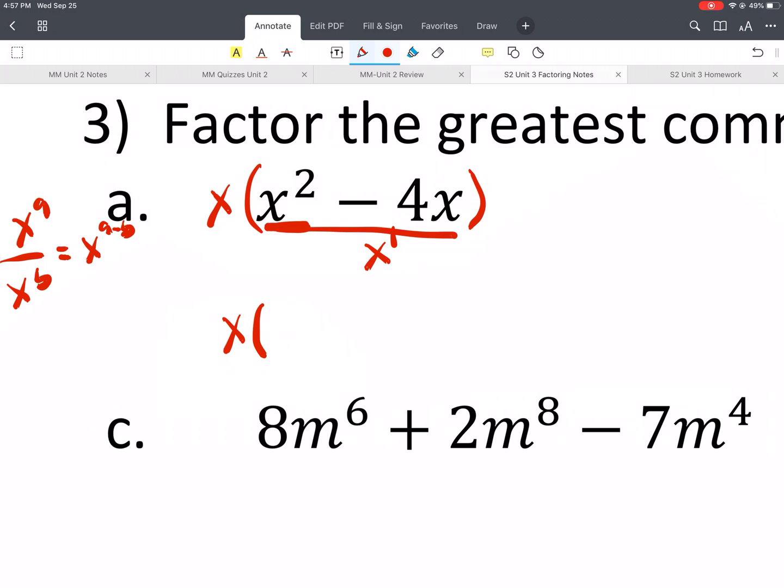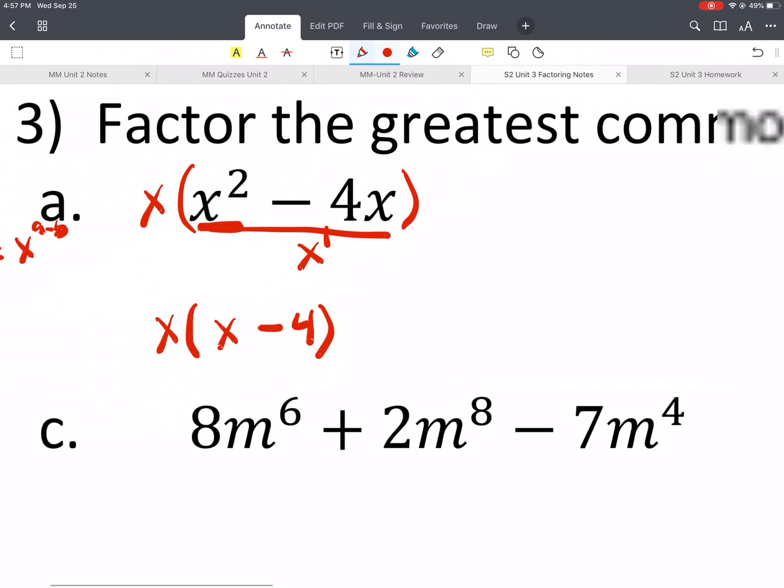So it would end up having x, and then x divided by x, something divided by itself is always going to be 1. So we'd end up just having a negative 4. Sometimes people say that just cancels, and we would cancel out one of the x's on the first term. So that would be our solution.